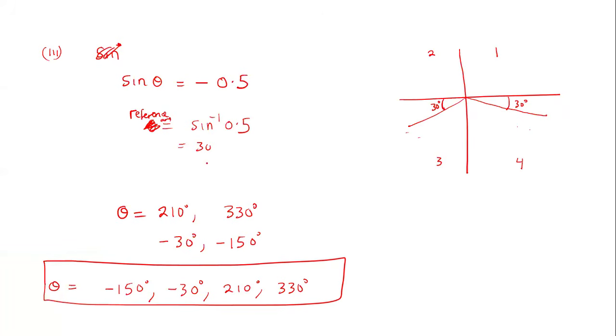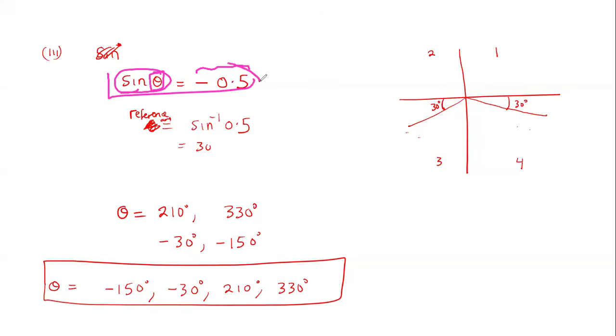Where are you getting 150? Remember, here you are solving. The question is asking which angle, when you place it here, gives your answer as negative 0.5. When I put sine inverse of negative 150 in the calculator, it gives me a math error.